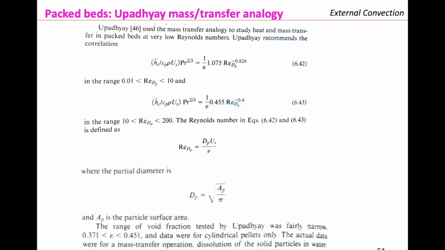For gases it might not give you very nice results because of the way the experiments were conducted. He employed dissolution of solid particles in water. So that was equations 6.42 and 6.43 in your textbook.